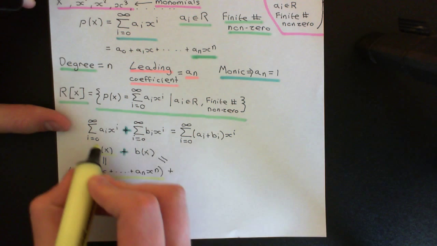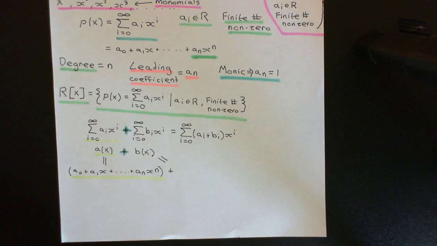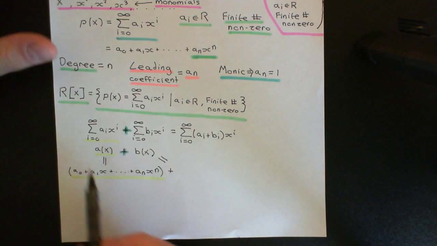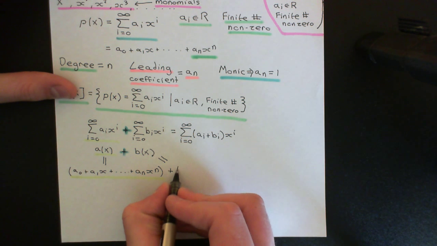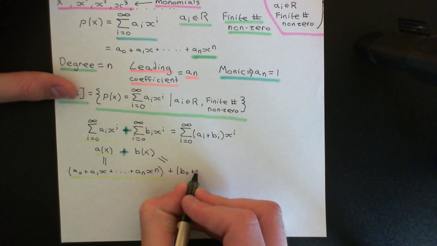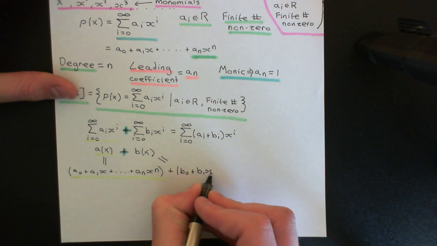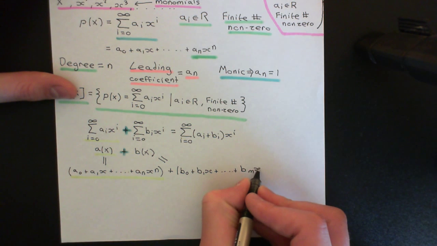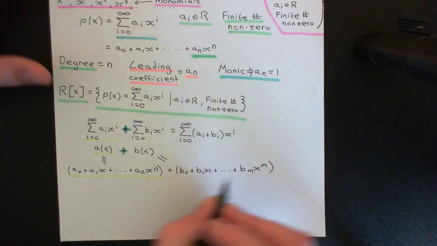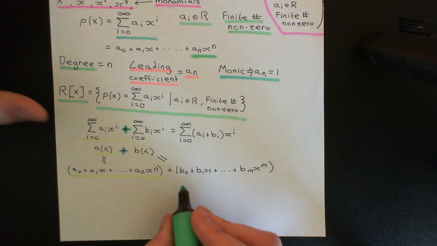Here in yellow are all the different ways of writing this polynomial, and then we're going to add it to our second polynomial b(x), which will be of this form: b_0 plus b_1 x plus all the way up to b_m x^m, where m is the degree of this polynomial b(x).